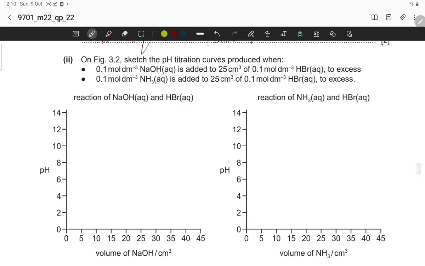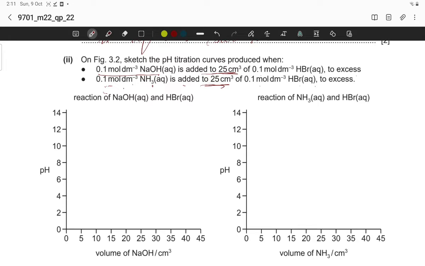On figure 3.2, sketch the pH titration curves produced when 0.1 mol dm^-3 sodium hydroxide is added to 25 cm^3 of 0.1 mol dm^-3 HBr to excess, and when 0.1 mol dm^-3 ammonia is added to 25 cm^3 of 0.1 mol dm^-3 HBr to excess.